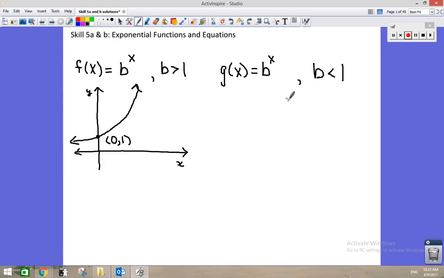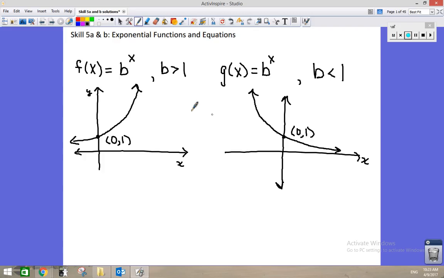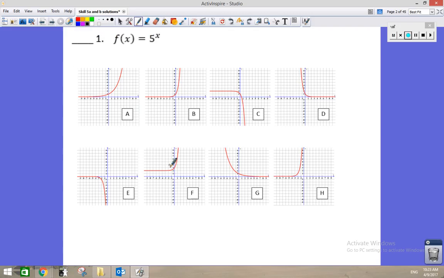Since the base is less than 1, it's a decreasing function, and it's going to look something like this. But it's still passing through the point 0, 1. That's because any non-zero base raised to the 0 power is going to equal 1. Notice the domain for each of these is all real numbers, and the range is positive real numbers, from 0 to infinity.